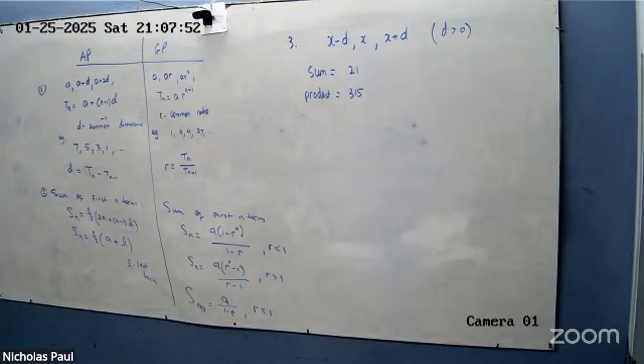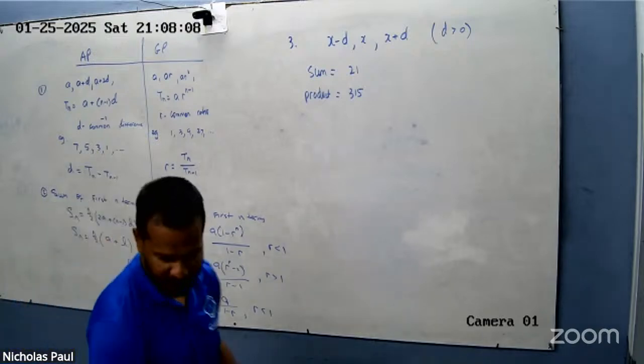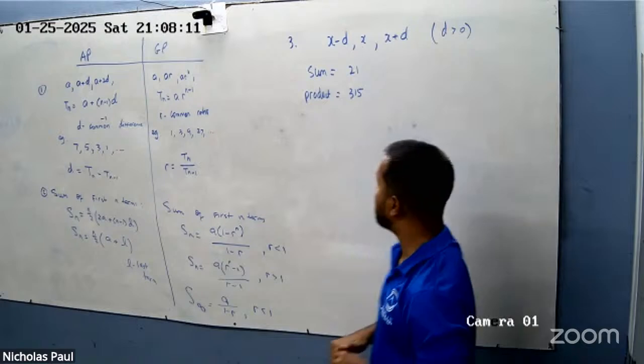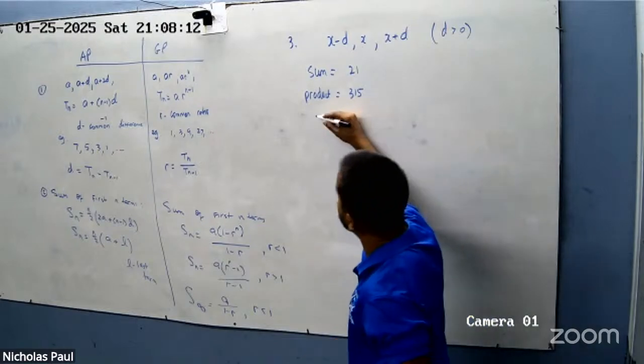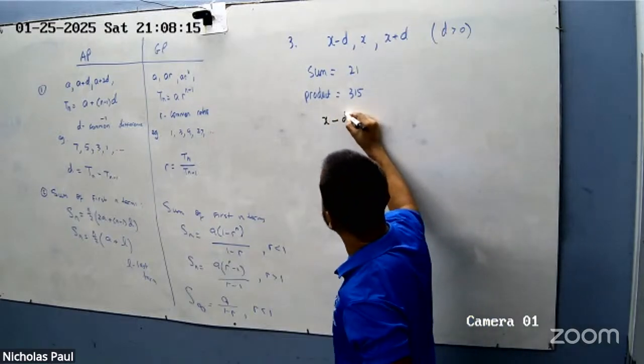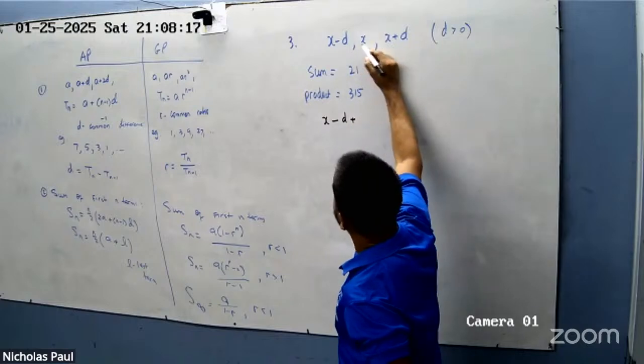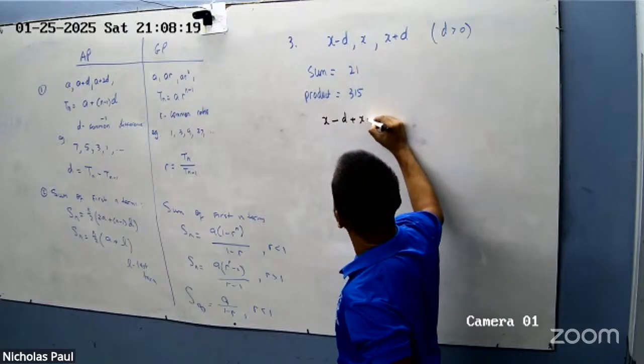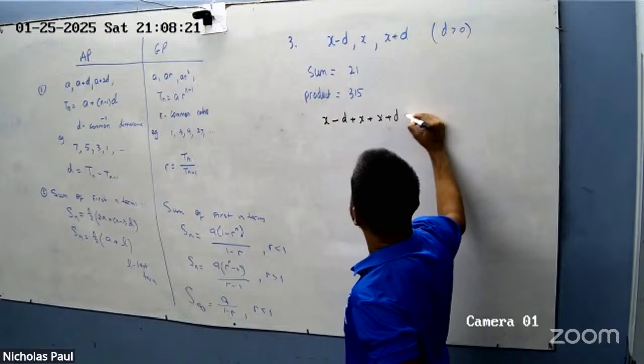Just add these three terms. You should have x minus d, plus x, plus x plus d, is equal to 21.